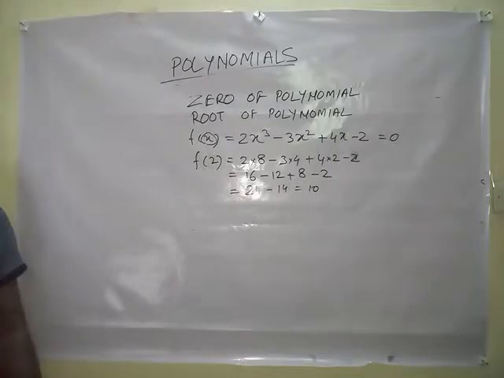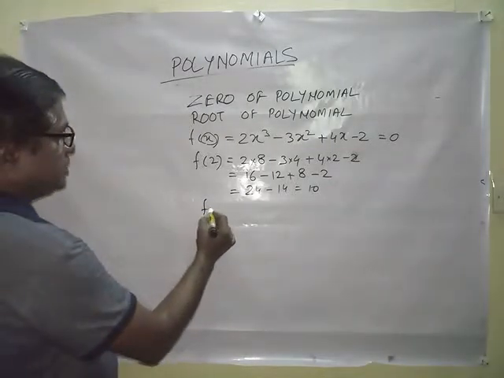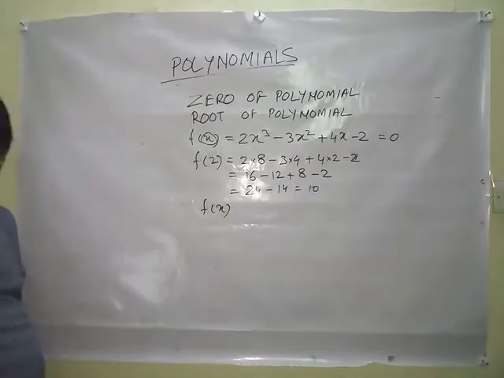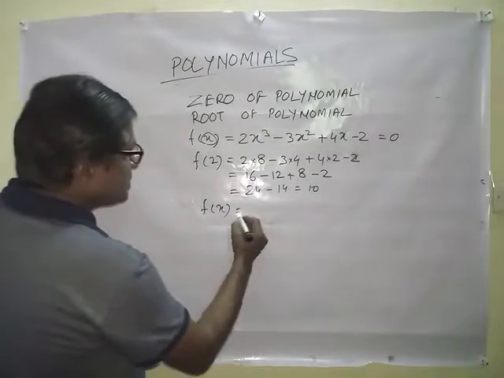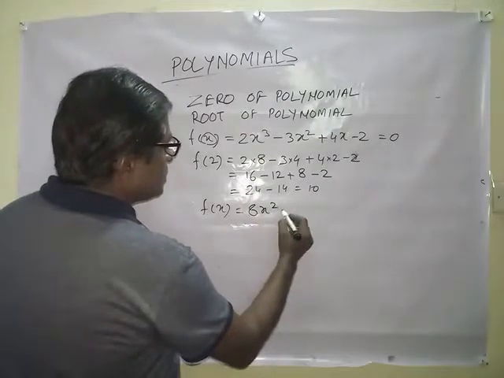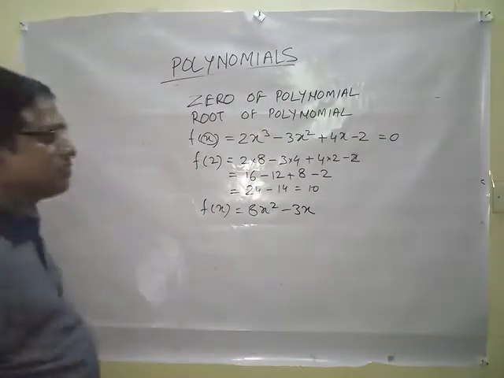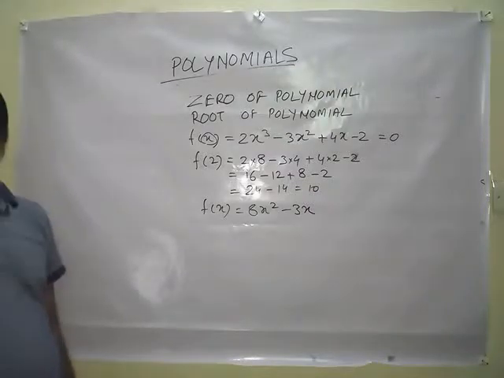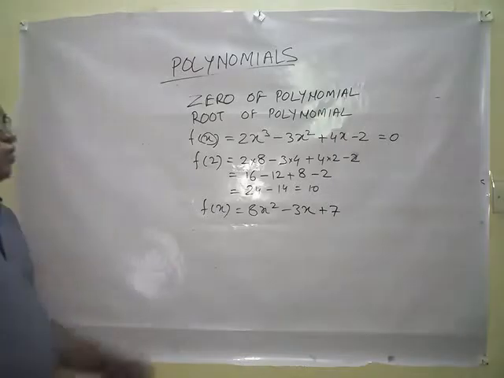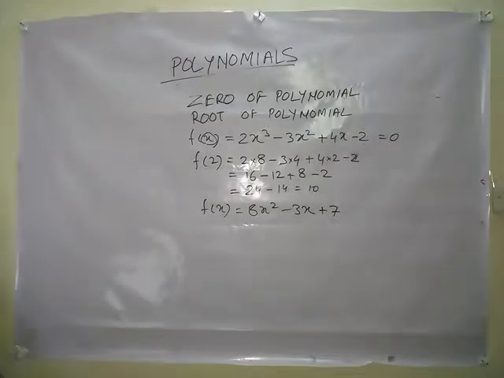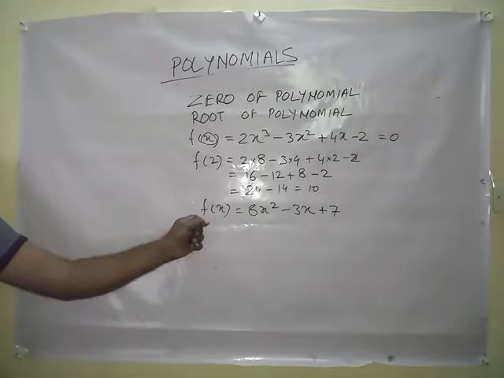Let us take another example. If another equation is f(x) equals 8x square minus 3x plus 7, find out the zero or root of this polynomial equation.